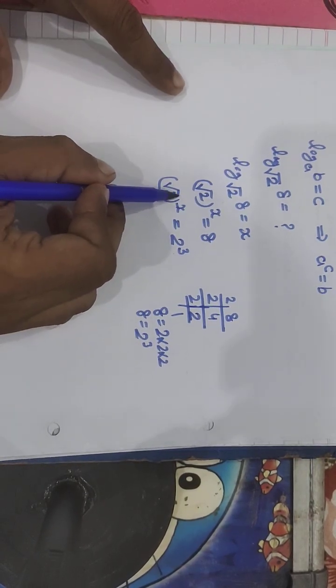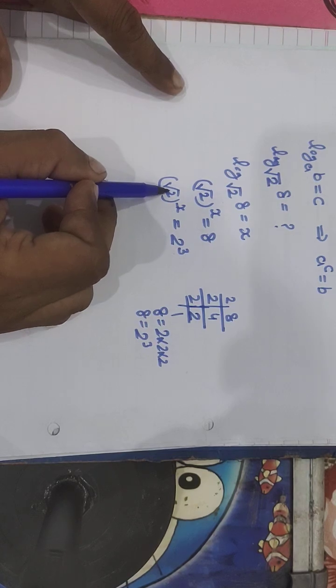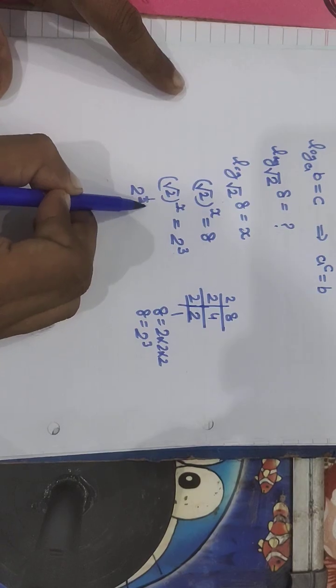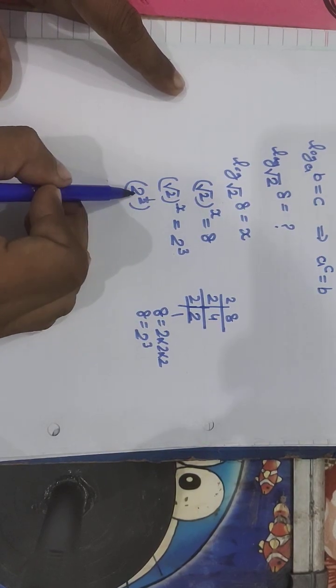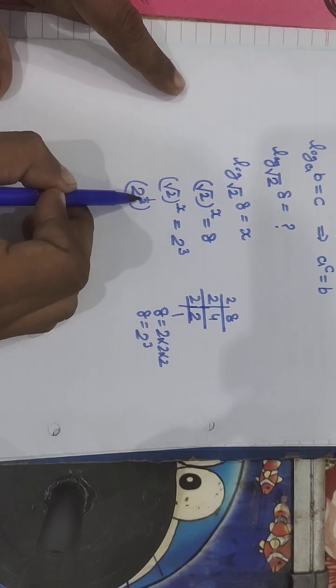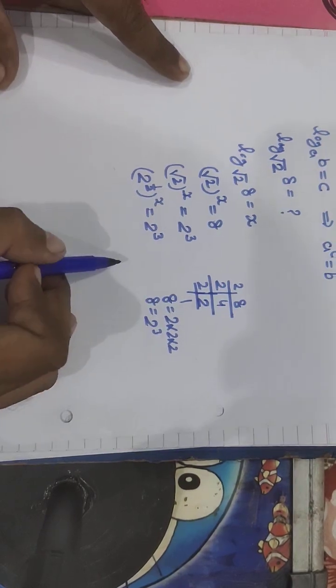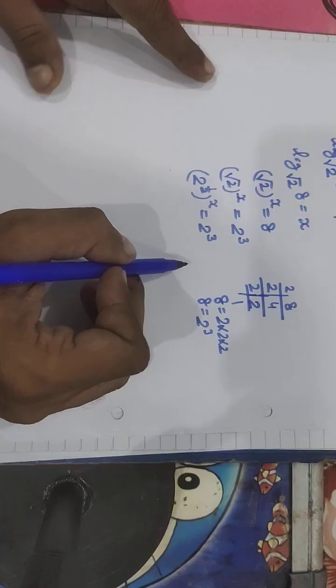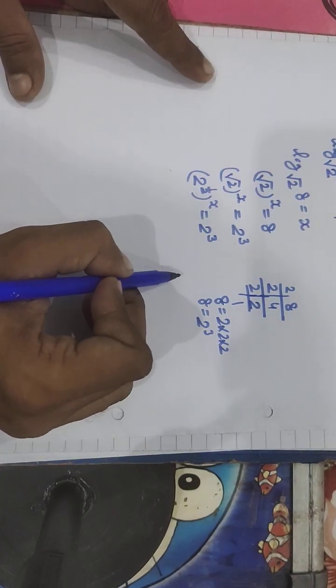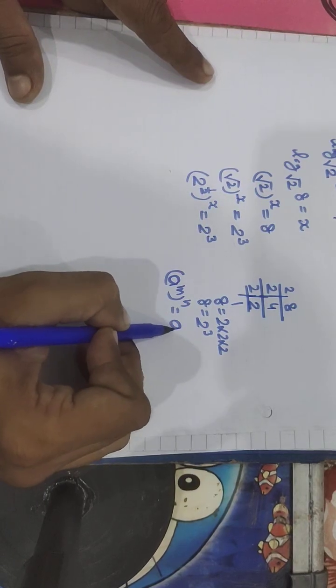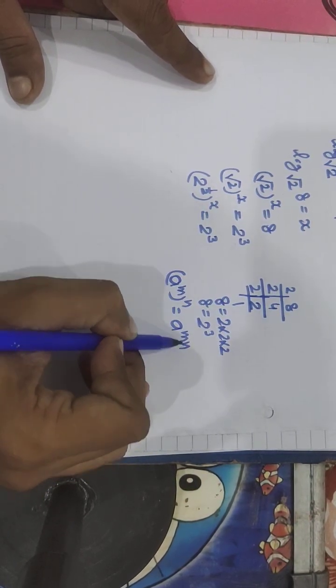So look at here, that is square root of 2. Square root of 2 can also be written as 2 power 1 by 2, as we know that square root means power 1 by 2. Outside is x. Again, I just try to remind you of one formula which you learned in your previous classes: a power m whole power n, then both the powers are multiplied with each other.